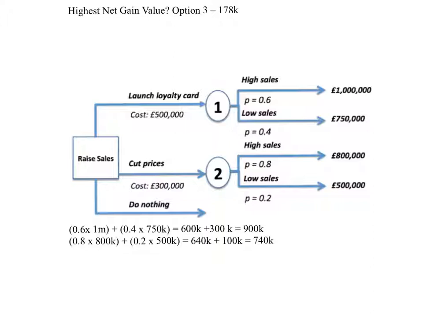Then your 740,000 minus 300,000 should get you 440,000. So actually, cutting prices would be the best option because of the net gain value. The net gain value is 40,000 higher.